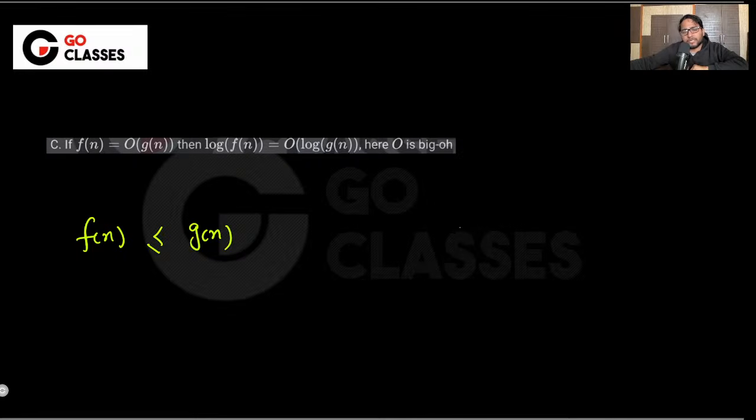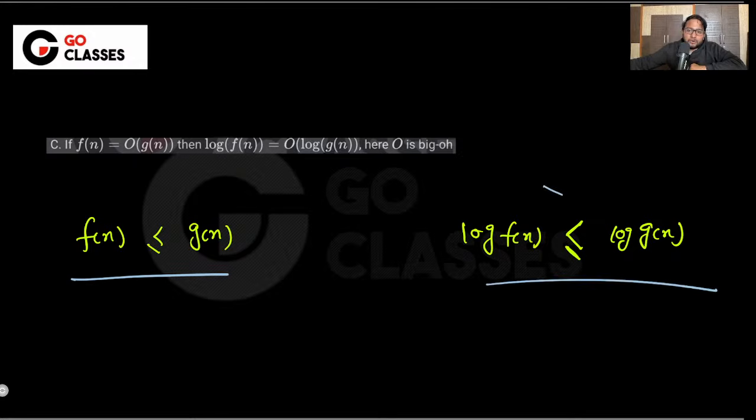If this is the case, then log cannot reverse this, right? Log can never reverse this. So after taking the log also, they might become equal. I'm not saying that this will be lesser only. They might become equal, they might be lesser. After taking the log anything can happen, but it can't reverse the order. So basically that's why this is true.